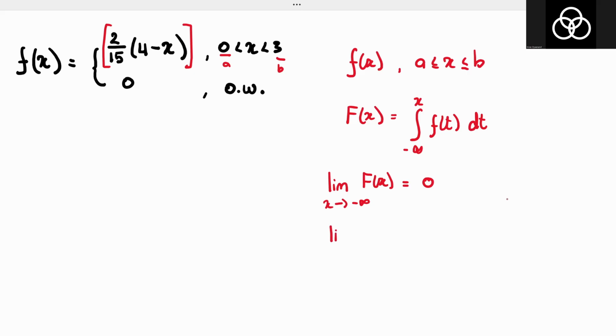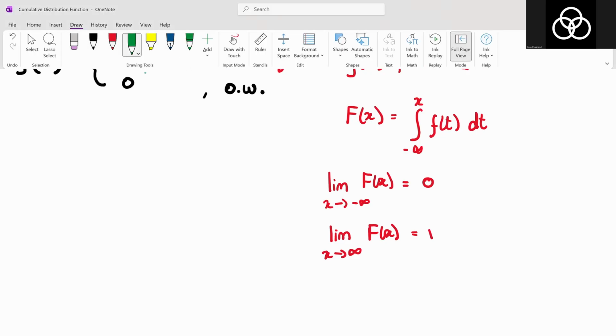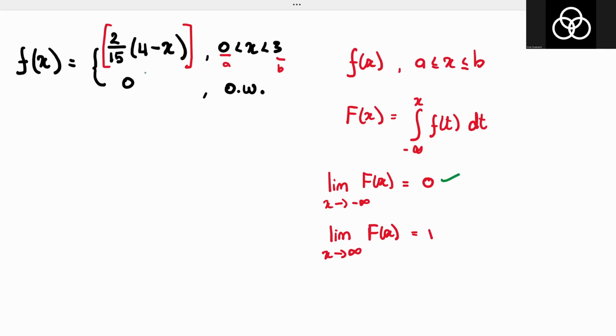And if we take the limit as x approaches positive infinity of F of x, we get 1. And these two things are important because when they say give the full definition of the CDF, we need to include the outlier values, right? So these values here, what happens outside of our range?